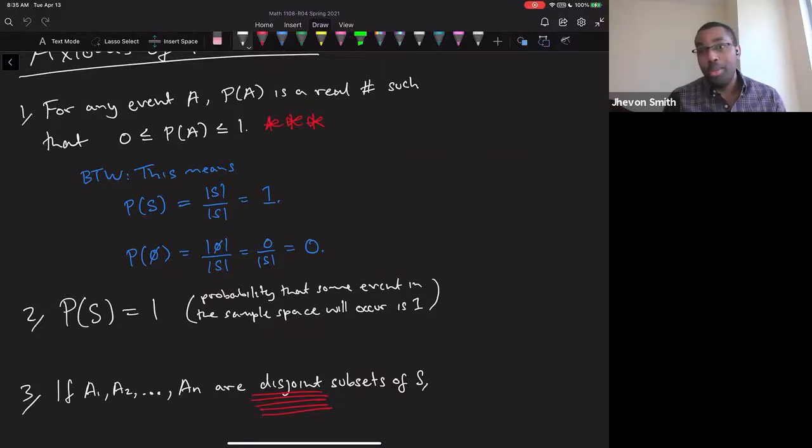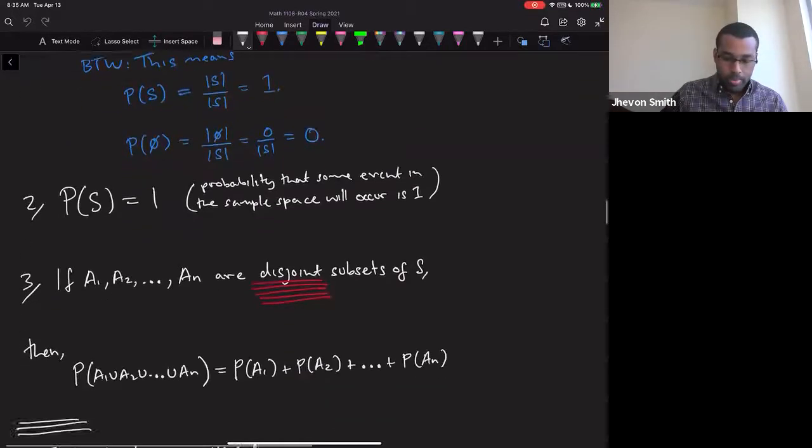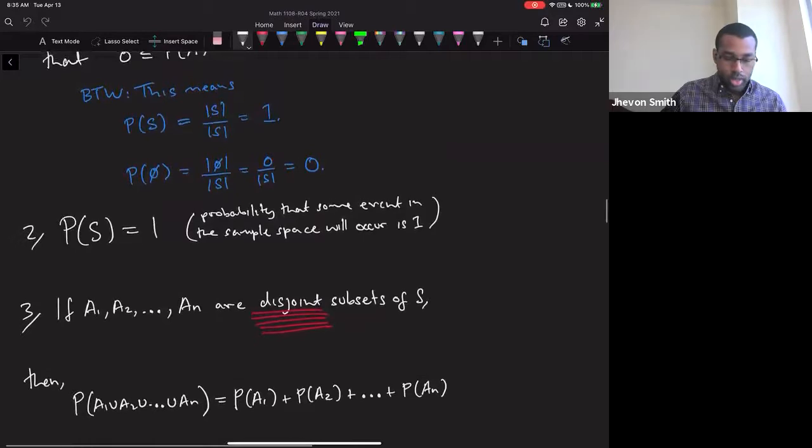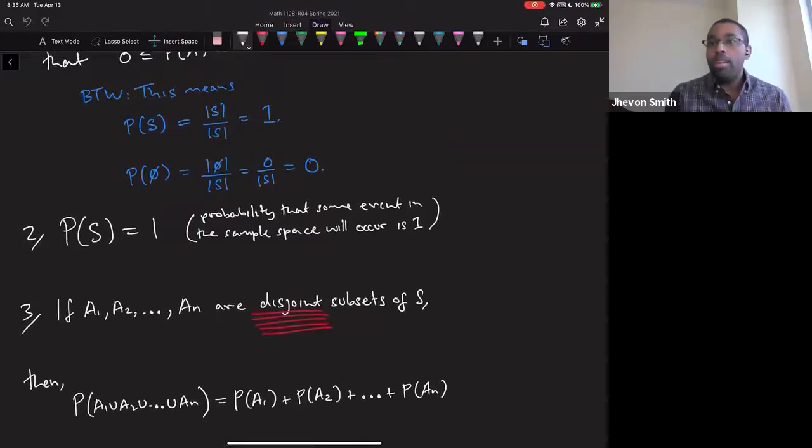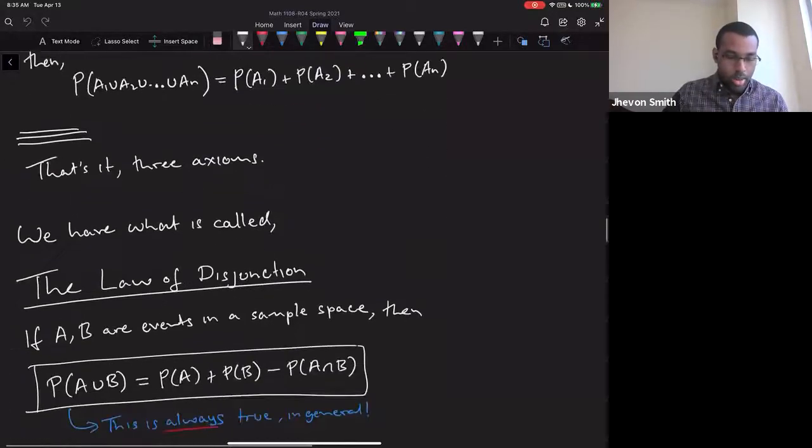In fact, axiom 2, the probability of the entire set is 1, lines up with axiom 1. Well, it lines up with our definition of probability. And axiom 3 is if you have disjoint subsets of the sample space, then the probability of the union of disjoint sets is the sum of the probabilities. These are all very important.